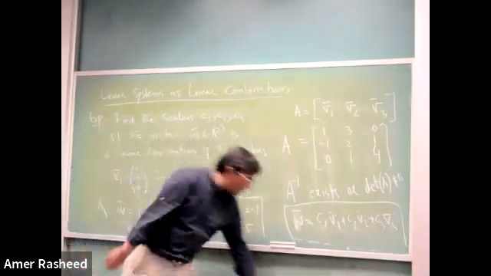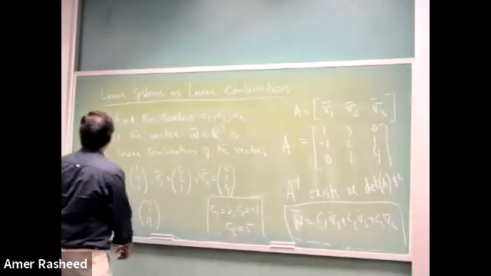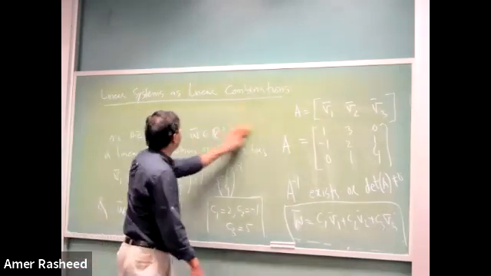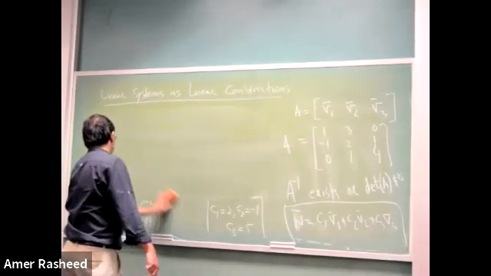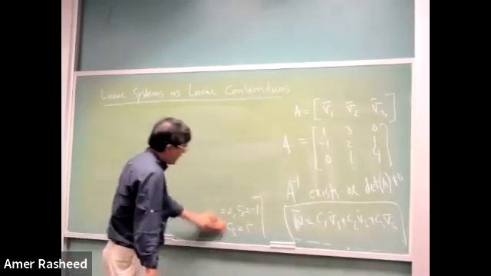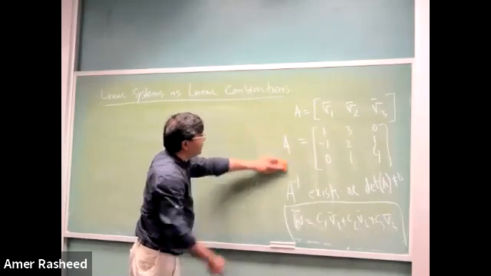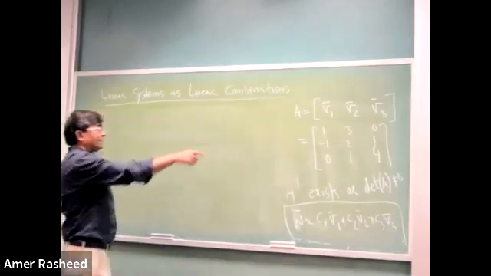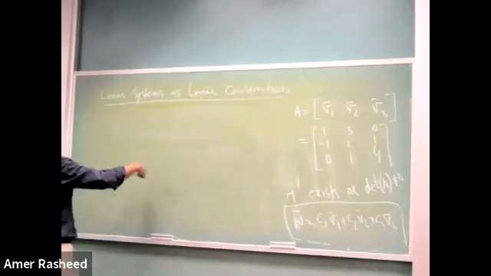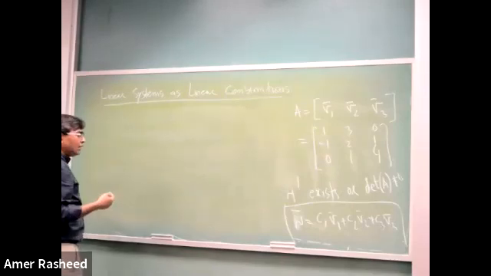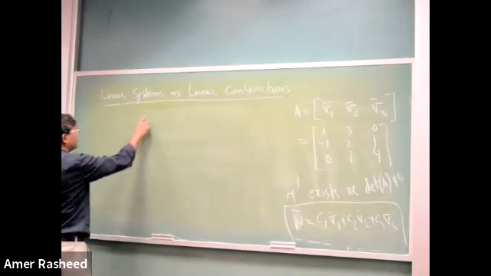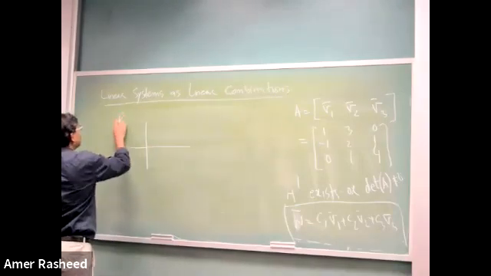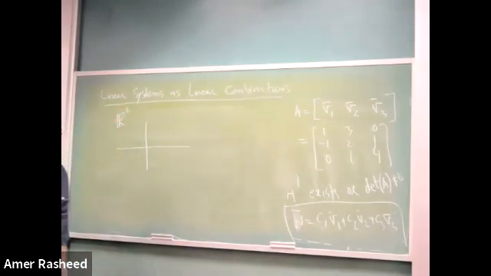Now, what is the linear combination geometrically? Here we have an example of vectors in R cube. For simplicity, just to make you understand, let me take the vectors from R2, R square.